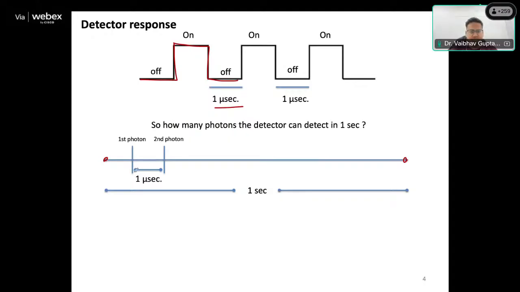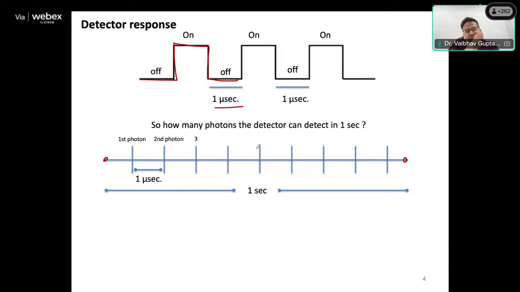But suppose this photon comes even before that, let's say in 10 to the power minus 9 second, your detector will not be even able to tell you. And then this photon will be lapsed because it will not be able to detect it. And then similarly, the third photon, fourth photon, fifth photon.